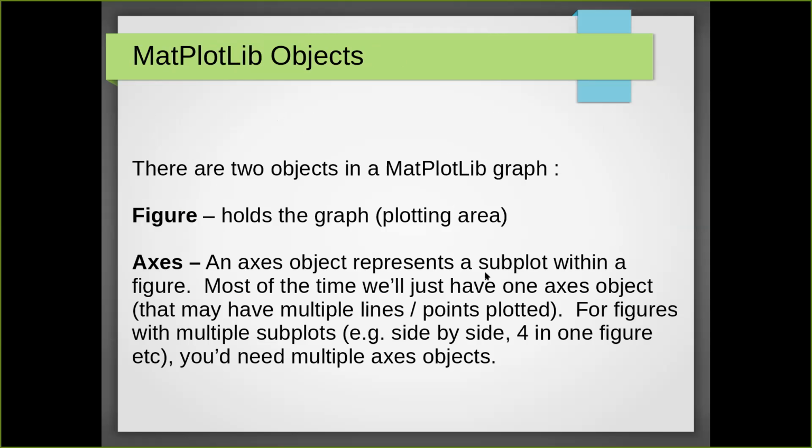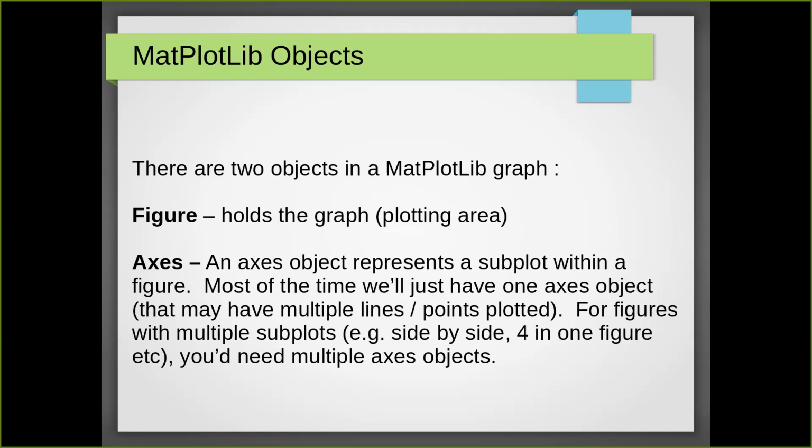So there are 2 objects in a MatPlotLib graph, if you're doing this in an object-oriented way, which you're going to be. You have a figure object. The figure object holds the graph, the plotting area, and you have an axes object. An axes object represents a subplot within a figure. Now, most of the time, you'll probably just have one axes object.